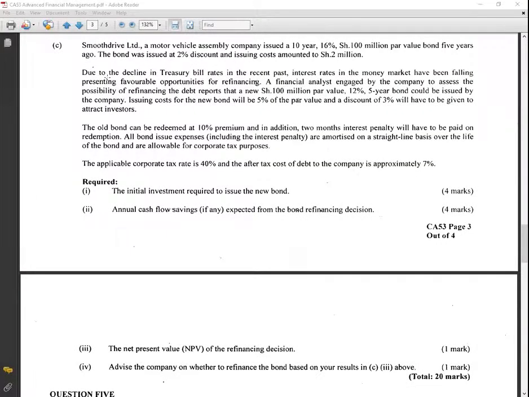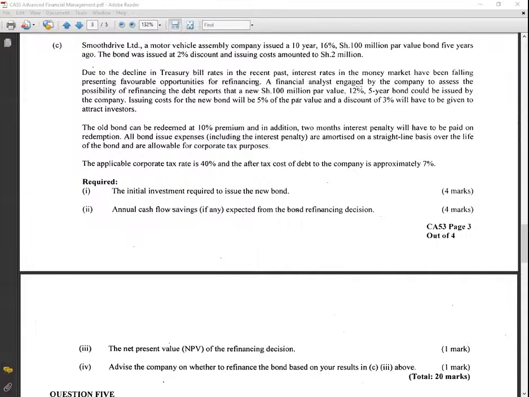Due to the decline in treasury bill rates in the recent past, interest rates in the money market have been falling, presenting favorable opportunities for refinancing. A financial analyst reports that a new shillings 100 million par value bond at 12% is our interest rate. So 12% times 100 gives us how much here? It gives us 12.